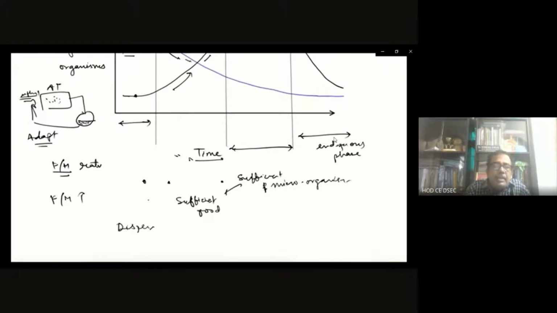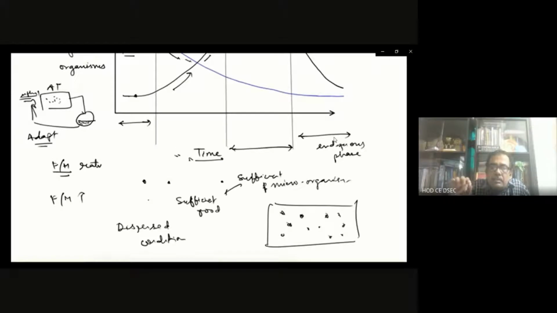Now you see, if the food is sufficient, biomass is sufficient, what will happen? I am showing you in the diagram plotting that the dots are the food, and the biomass, the food are scattered, and the biomass also is more. So there will be a scattering position of the biomass and the food, because biomass is more and food is more, so a scattered portion will occur.